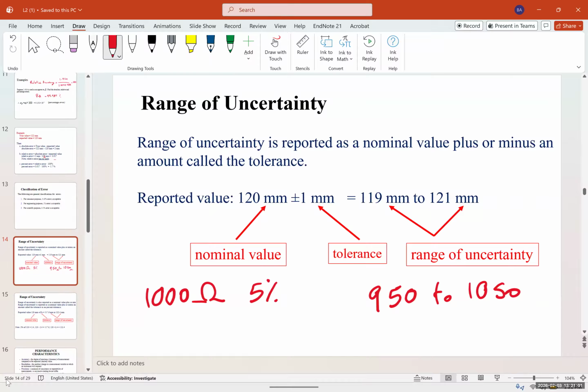So anything between this, if you measure it, you're probably going to see something like 980 or 1020, in that range. If it's above that, then it's not going to be 5%. Tolerance is going to be more than 10%. And you're going to see it on all consumer products as well, from milk to anything. It says this is 1 gallon plus or minus 100 cc or 5 ounces or something like that.